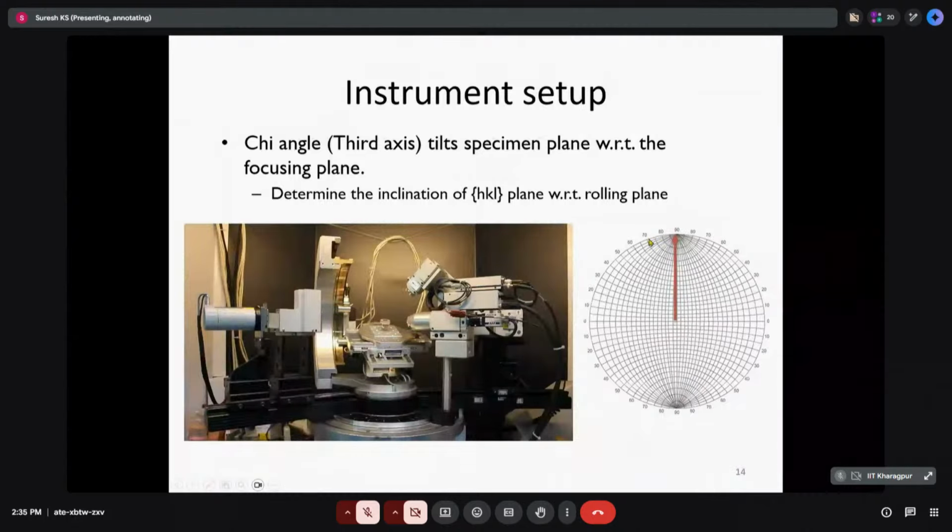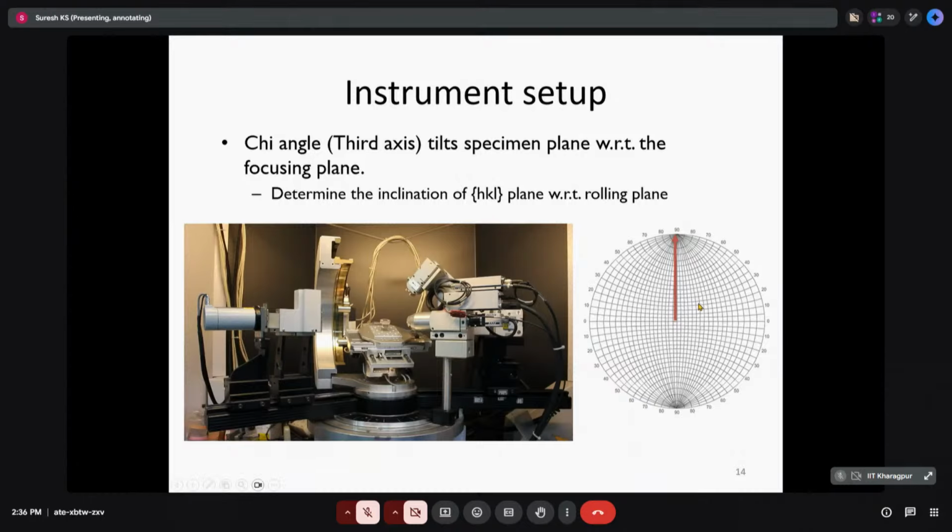So in each pole figure, some of the information at the periphery of this stereogram is missing. To compensate for this missing information, we need additional pole figures like 200, 220 in the case of FCC, and similarly for BCC, it will be 110, 200, and 211 and so on.